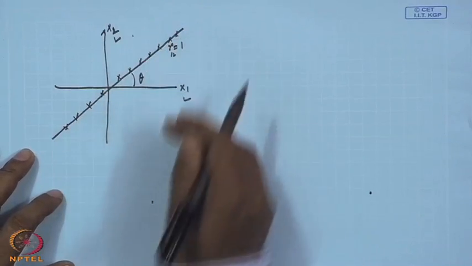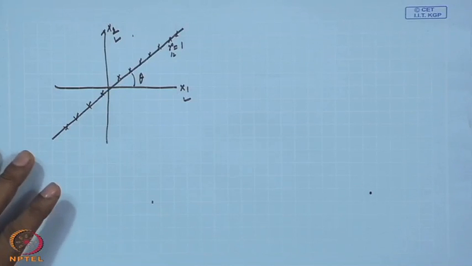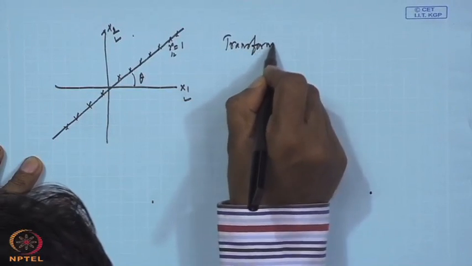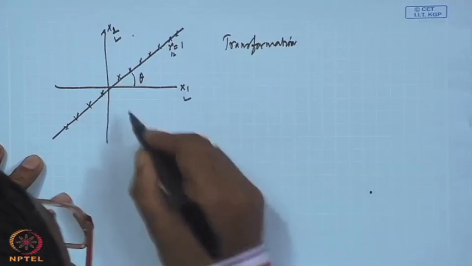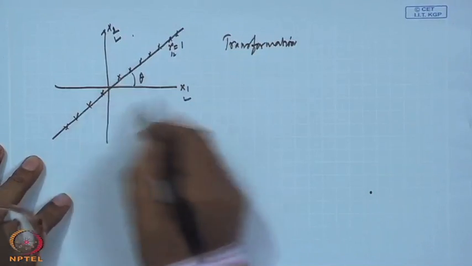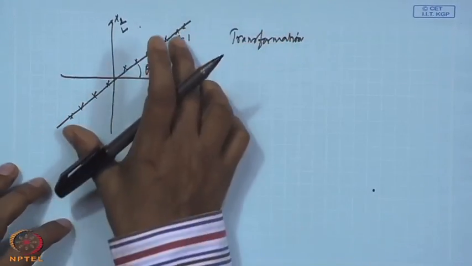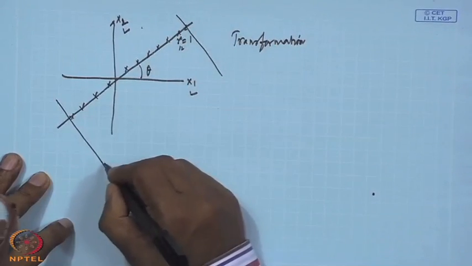So if I do some transformation, rotating x1 and x2 by theta, you come to this place, and this axis has the variability from here to here.